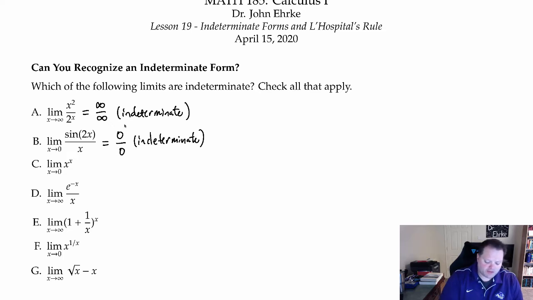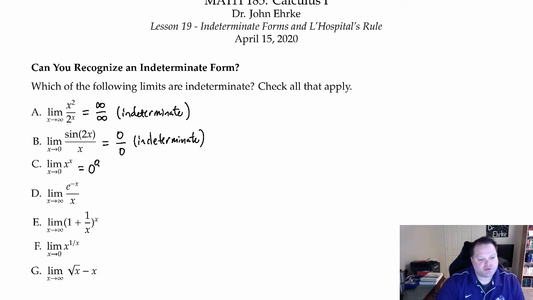On C, if you look at C, this is 0 to the 0, plugging in x equal to 0 there. And this is also going to be an indeterminate form. If you think about it, if you have numbers that are really, really small for the base, the overall size of the exponential there becomes closer to 0. So like if you have 1 100th squared versus 1 1000th squared, the 1 1000th term will be much smaller. So as a whole, smaller numbers in the base make the power smaller overall.